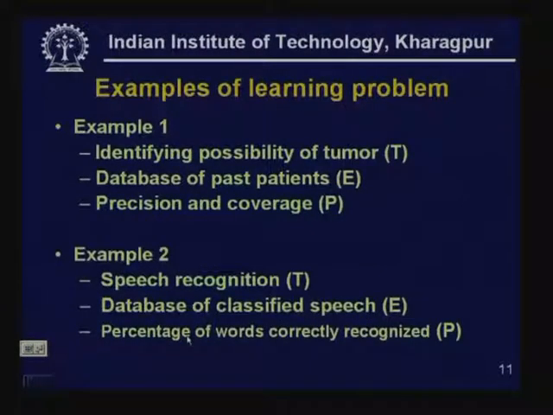Now, let us look at a few examples of learning problems to make this more concrete. So, let us say that we want to know whether a particular given patient has a possibility of having, let us say, brain tumor. And what is the experience?